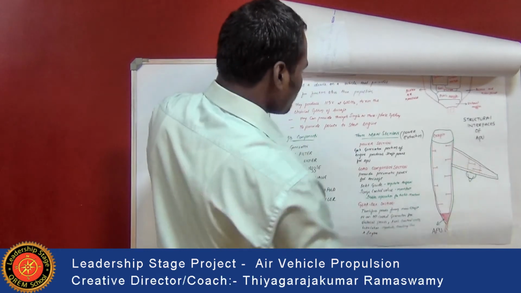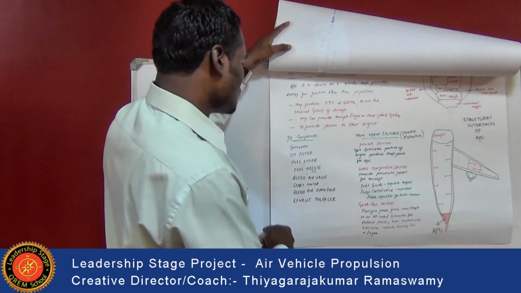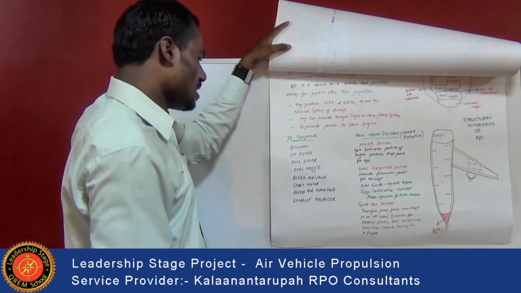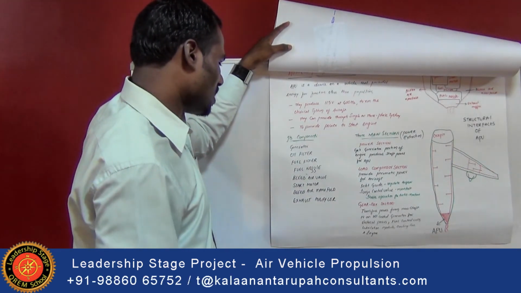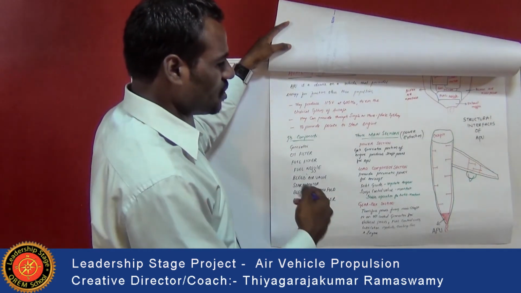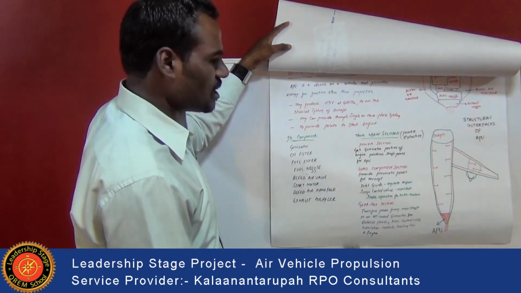Here, the components involved in the auxiliary power unit are the generator, oil filter, fuel filter, fuel nozzle, bleed air valve, start motor, bleed air manifold and exhaust manifold. These are the components that are actually in an aircraft with respect to the auxiliary power unit.